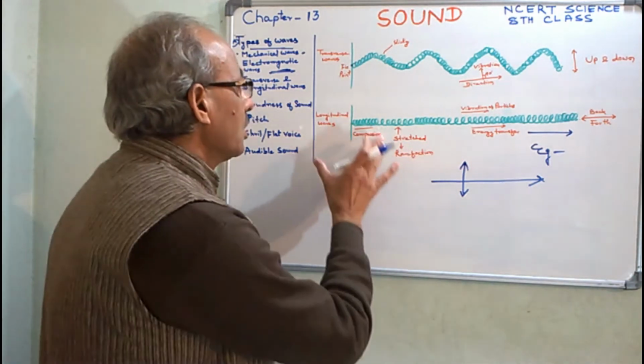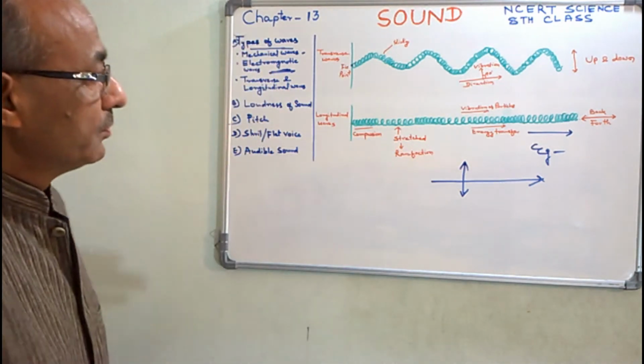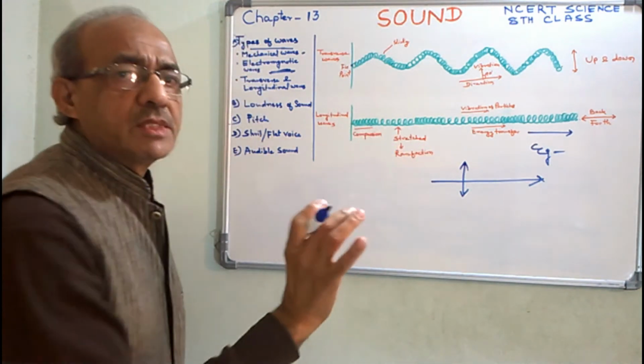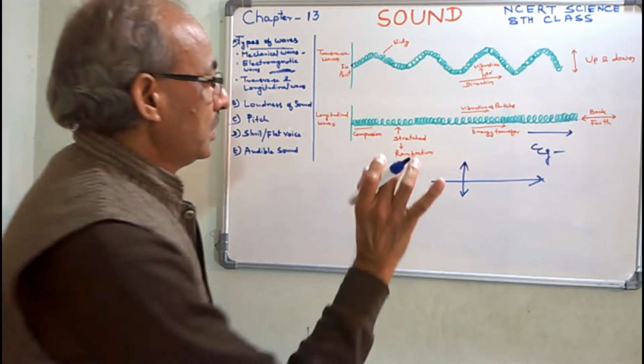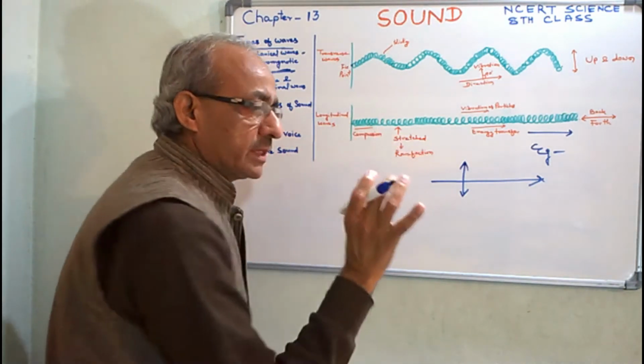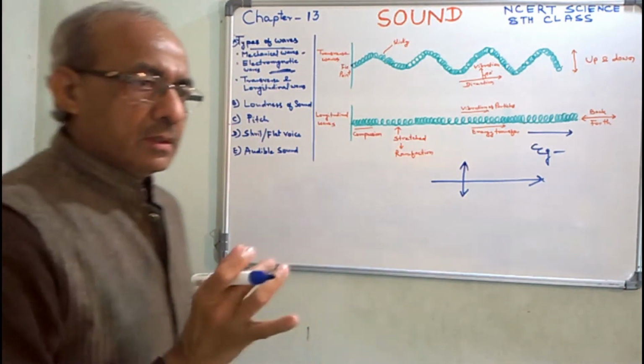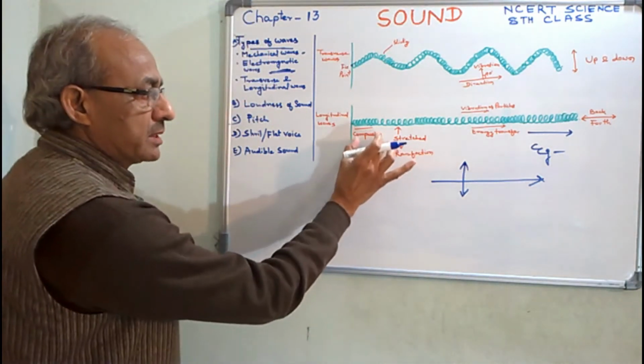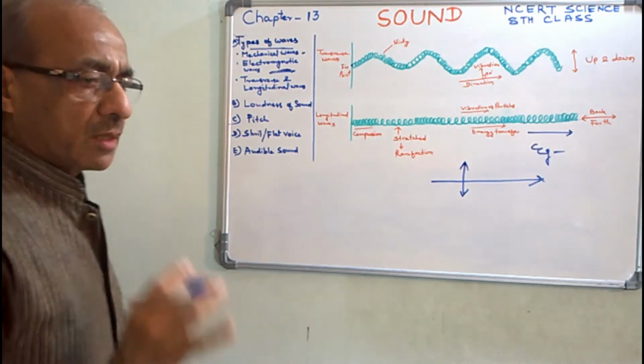In the case of longitudinal waves, two successive regions are formed. For a certain distance, a certain length, the compressed regions of the waves are produced.